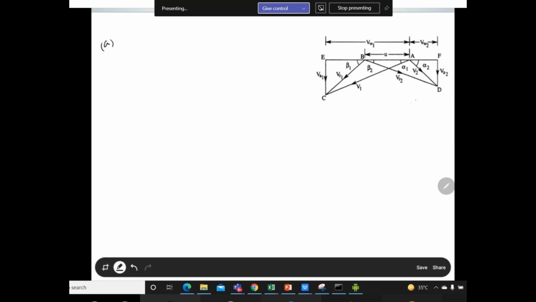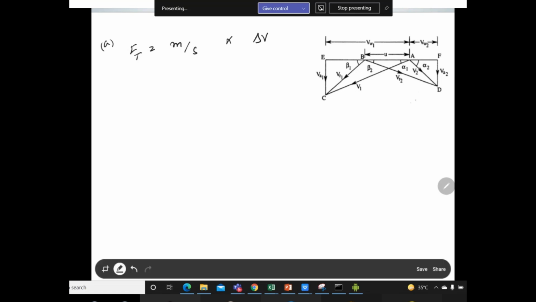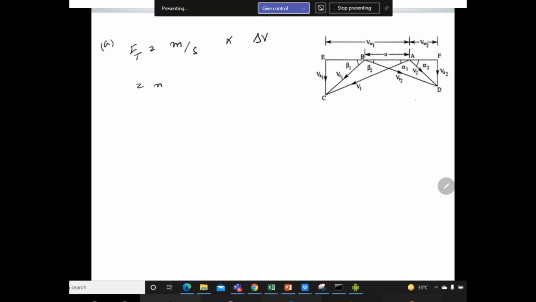In order to find tangential force, which component do we require? We need the whirl velocity component. The tangential force is basically mass per second multiplied by change in velocity, so you can say delta V.